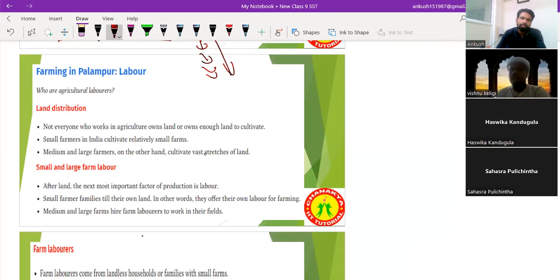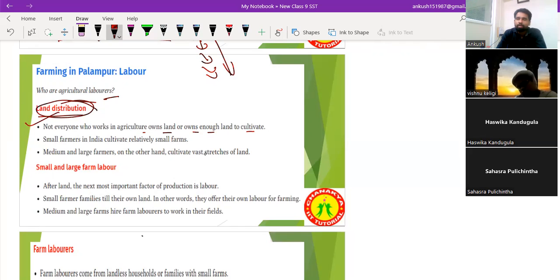So the laborers, who are agricultural laborers, and land distribution. First of all, we will see land distribution. Not everyone who works in agriculture owns land or owns enough land to cultivate.